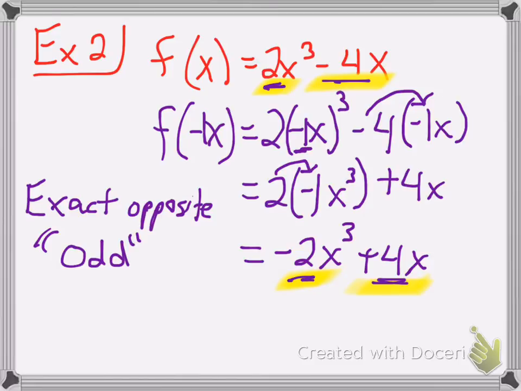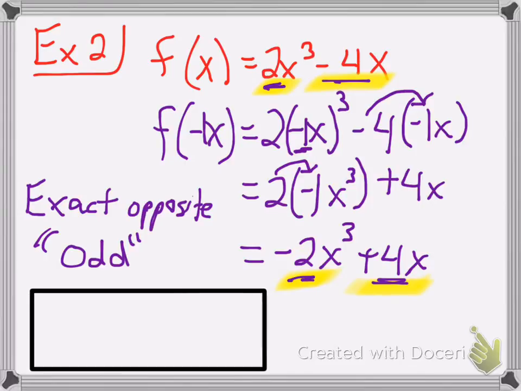And if you want to write it as a rule, an odd function is said to be odd if you started with f of x, and when you plug it in and the negative isn't out in front, meaning I'm just going to change the sign in front of each term when you plug in the negative x.